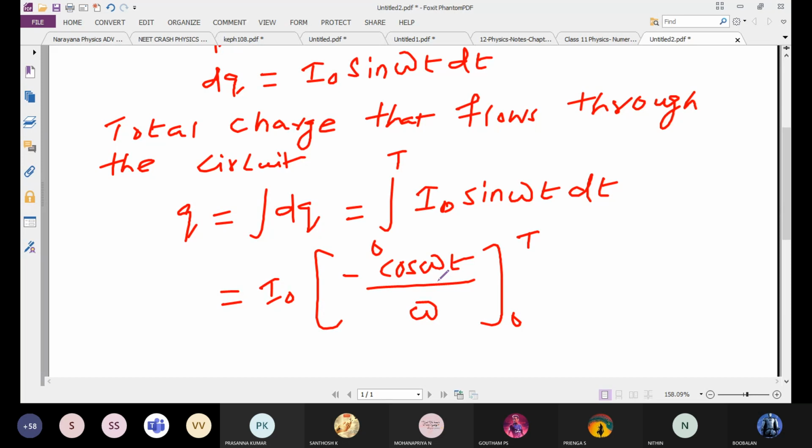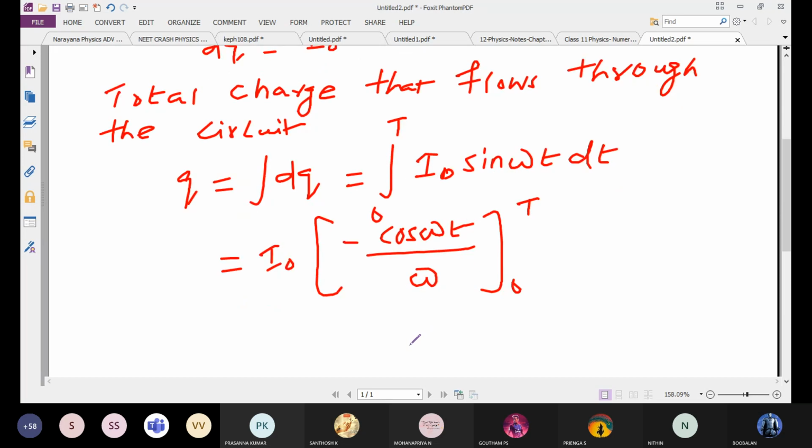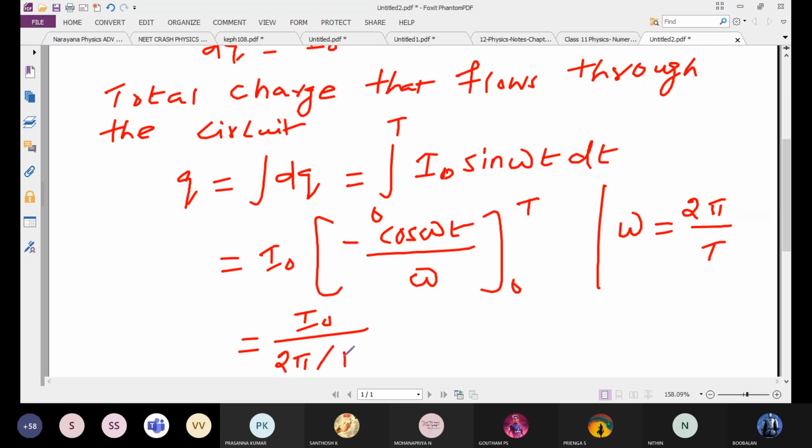So first apply the upper limit and the lower limit. That omega value, omega is equal to 2 pi by T, 2 pi by capital T. So I naught divided by 2 pi by capital T. So apply the values: minus cos omega t, what is the value of omega?